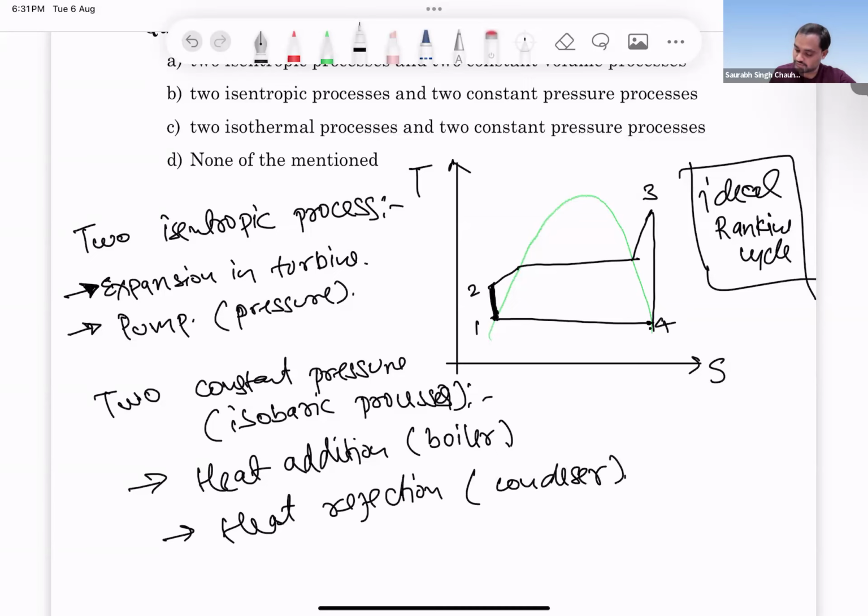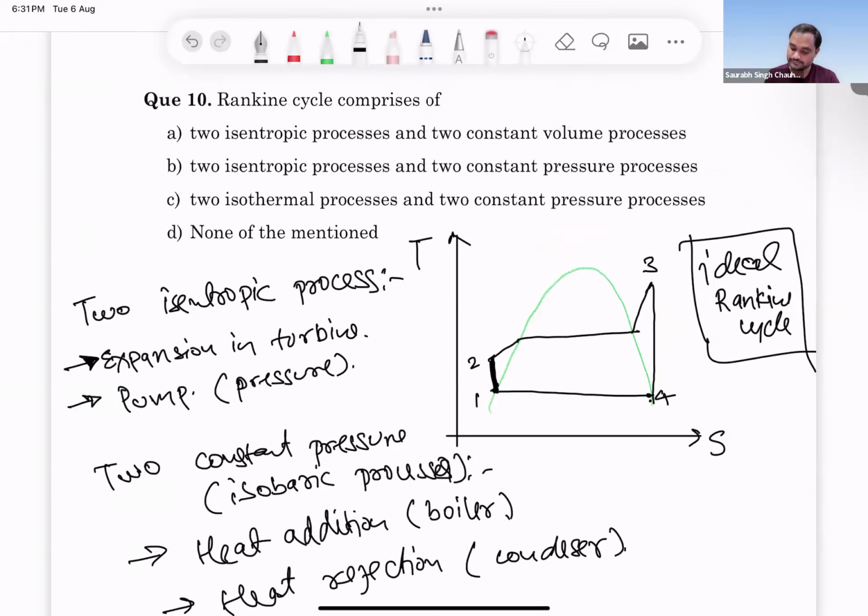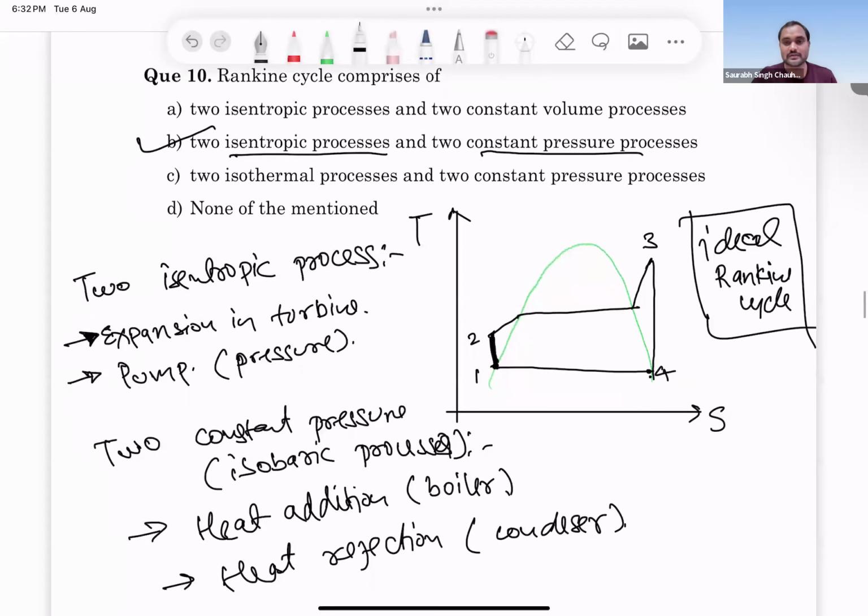Heat rejection is an isothermal process, but since we are in the saturation region, pressure will also be constant because temperature is constant. So there are two isentropic processes and two constant pressure processes. So part B should be the correct option. I hope this is clear, and we can move to the next question.